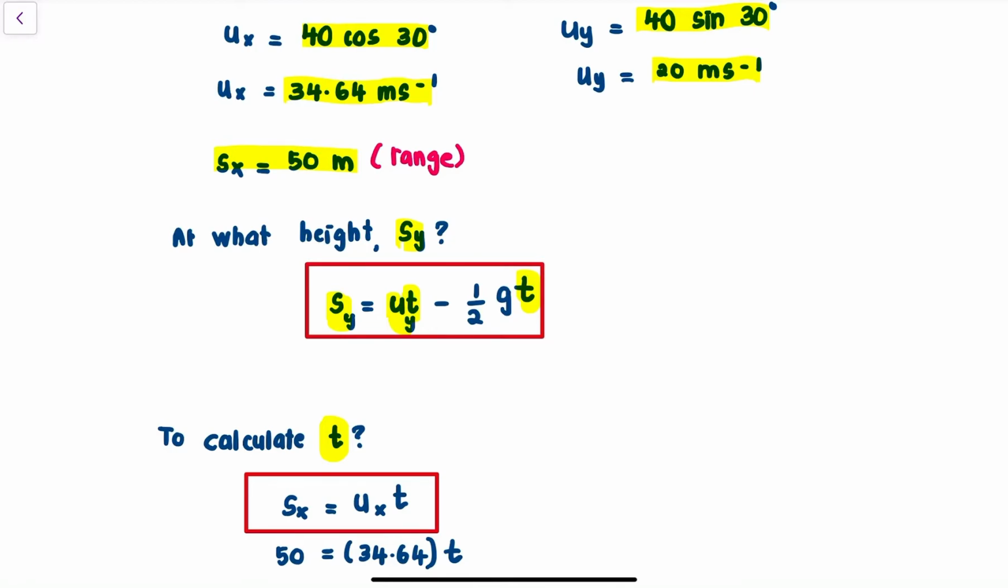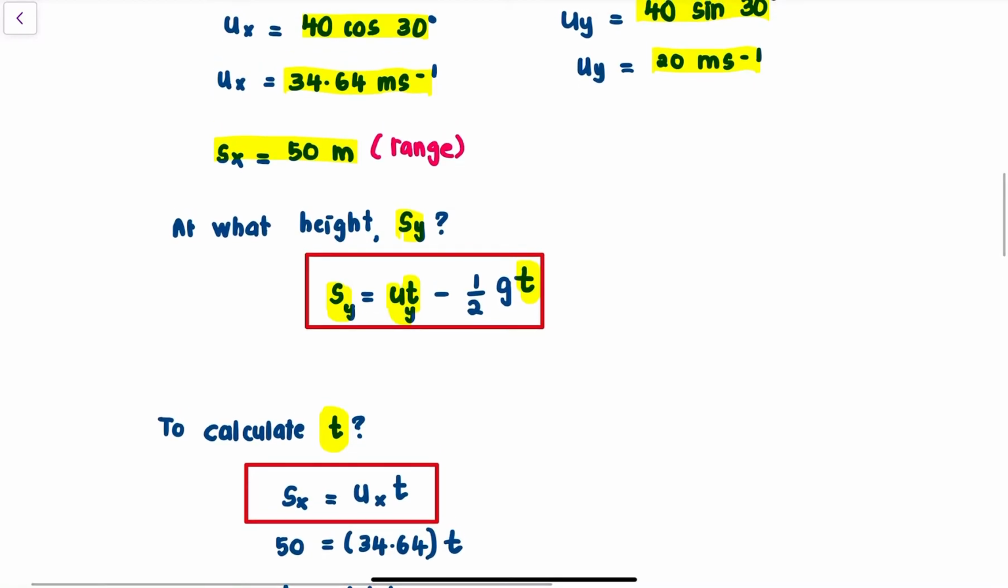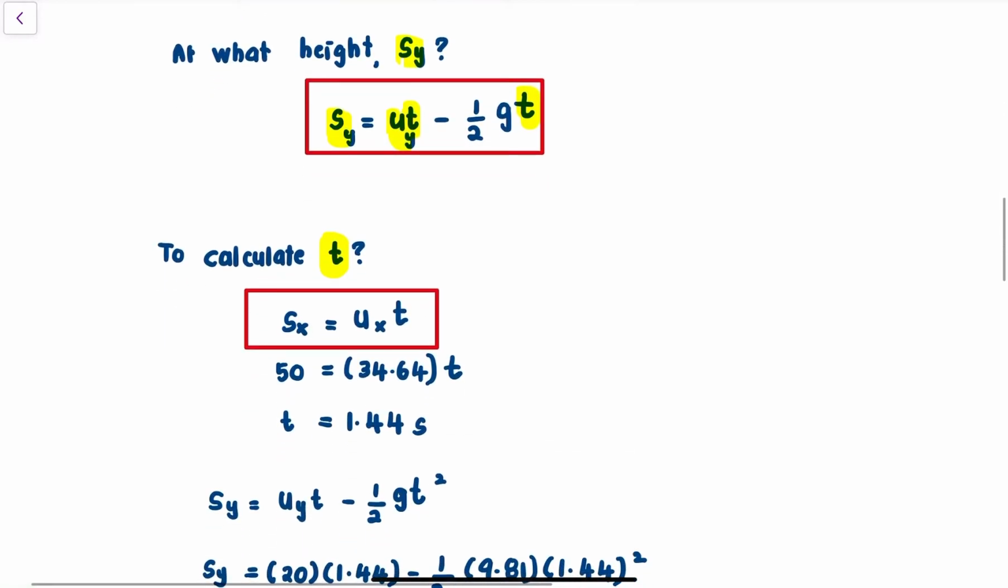So, how? By using the formula of range, sx equals uxt. Substitute the range value 50 and the initial velocity 34.64, and then we can determine the time taken, or the time of flight, 1.44 second.